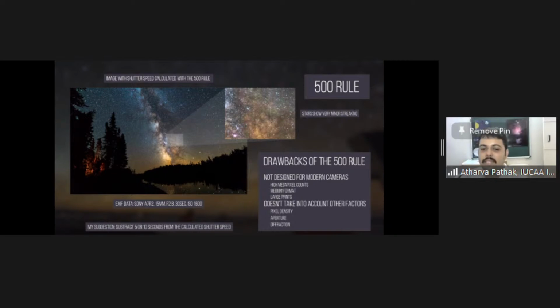So in a 30-second exposure at 15 mm focal length, I'm getting slightly some amount of star trails, right? If I had used this 500 rule, then I can get the optimal exposure, and it is a good idea to subtract 5 or 10 seconds from the calculated exposure to get the appropriate shutter speed up to which you will avoid these star trails. So you will get a very well focused and sharp image.